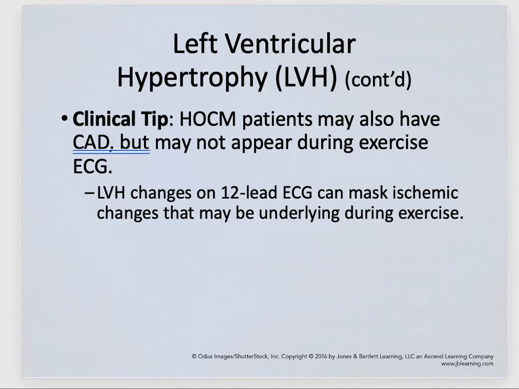Hypertrophic cardiomyopathy patients may also have CAD, but it may or may not appear during exercise. What this means is that left ventricular changes on a 12 lead can mask ischemic changes that could be happening with exercise.